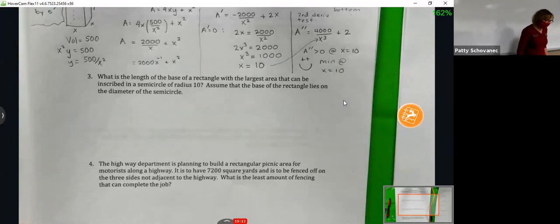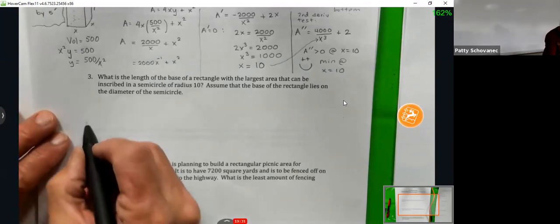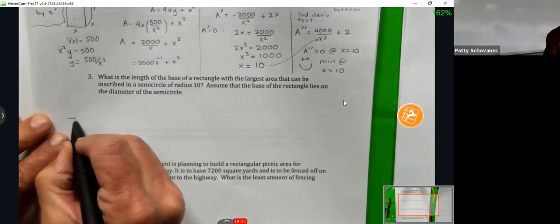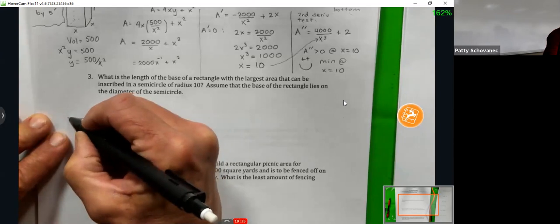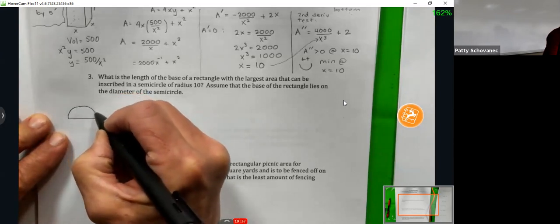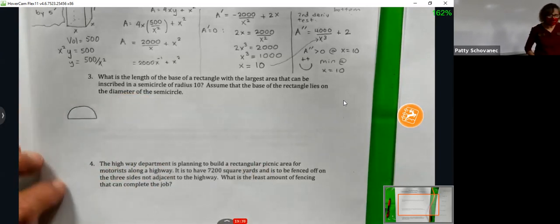What is the length of the base of a rectangle with the largest area that can be inscribed in a semicircle of radius 10? Assume that the base of the rectangle lies on the diameter of the semicircle. Let me try to draw a semicircle first. That looks pretty good.